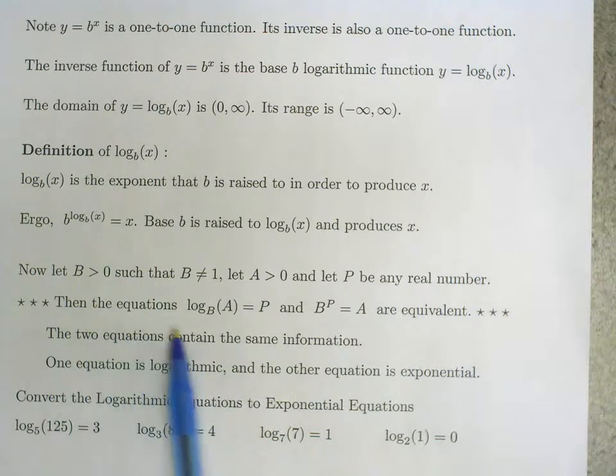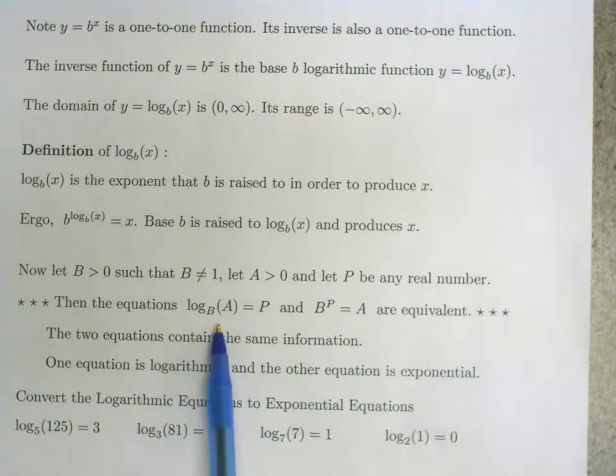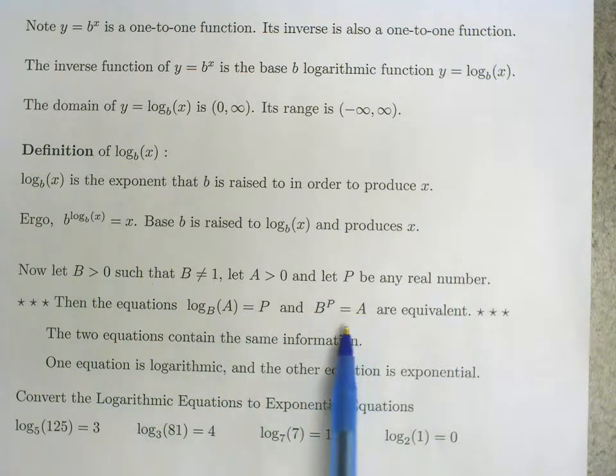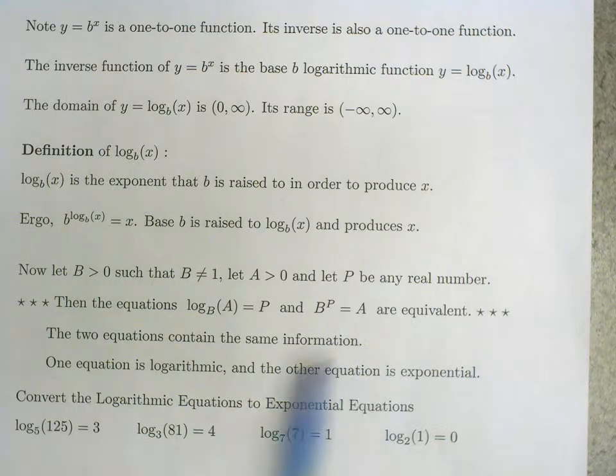Then these two equations are equivalent. This logarithmic equation, log base b of a equals p, is equivalent to the exponential equation b raised to the exponent p equals a. The two equations contain the same information, but one equation is logarithmic and the other equation is exponential.